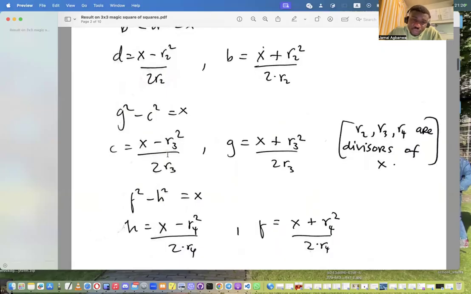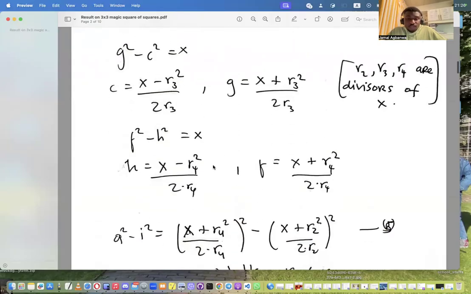So when we come down here, you realize that r sub 3 squared is also a divisor of x. So the goal is to understand that this r sub 3 squared represents a divisor of x, for which you have C as an integer in itself, likewise G as well.